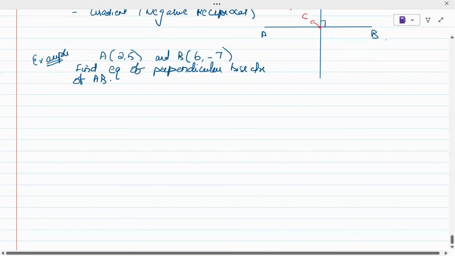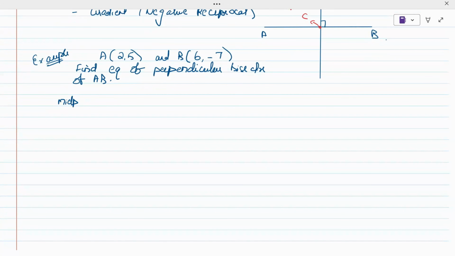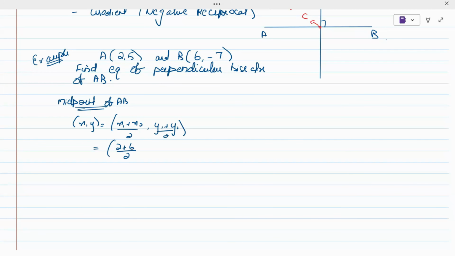So if you have to find the midpoint of AB, the formula to be used is x comma y, x1 plus x2 upon 2, comma y1 plus y2 upon 2. So for the x coordinate, it would be 2 plus 6 upon 2.